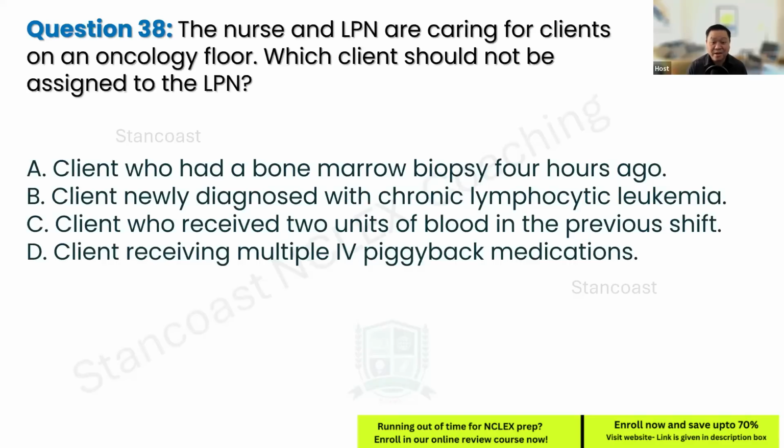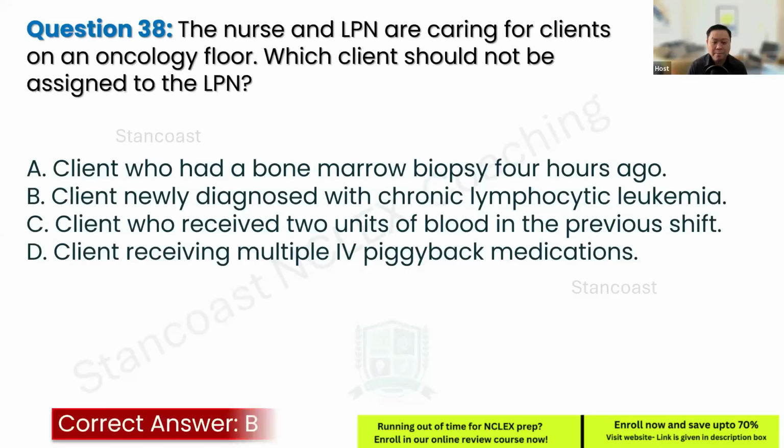The correct answer here is letter B. Newly diagnosed clients require detailed education about their condition and also their treatment options, which is a responsibility of the registered nurse and should not be delegated to an LPN. A is incorrect because an LPN can monitor a client post biopsy, and this is a stable task.